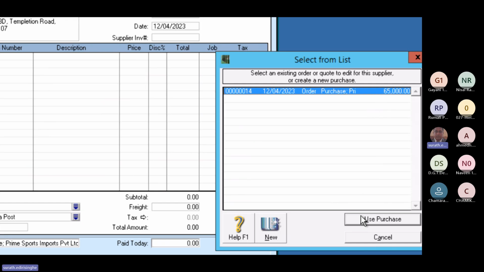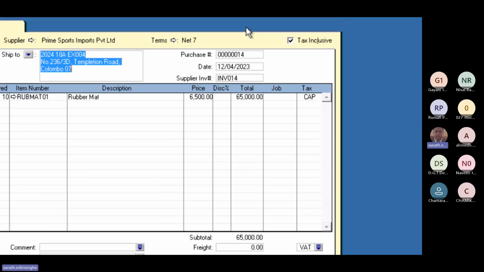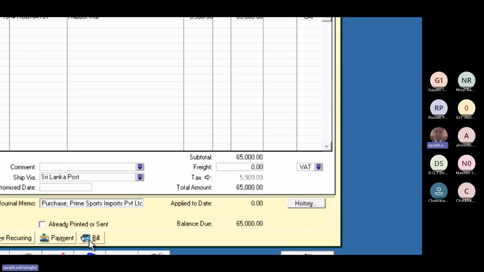Then using this pending order, what is the GRN date, Ahmad? 12th of April. 12th, sir. 12th of April. Then click here, bill option.